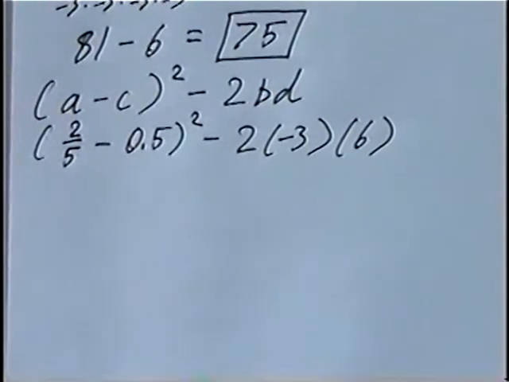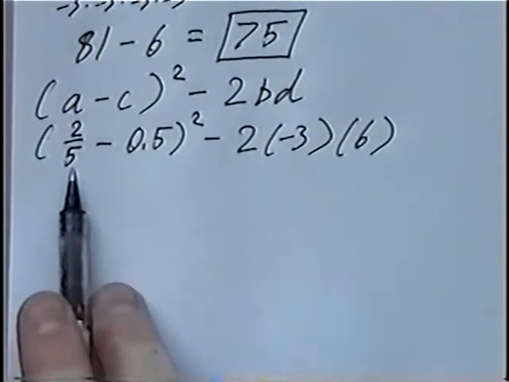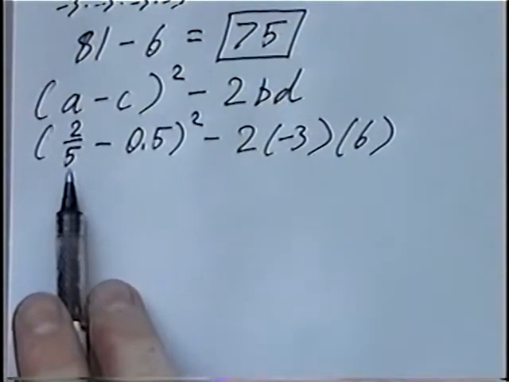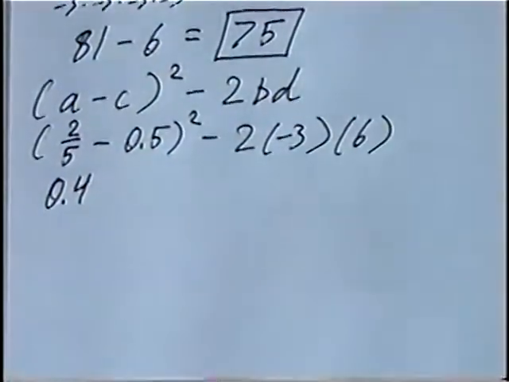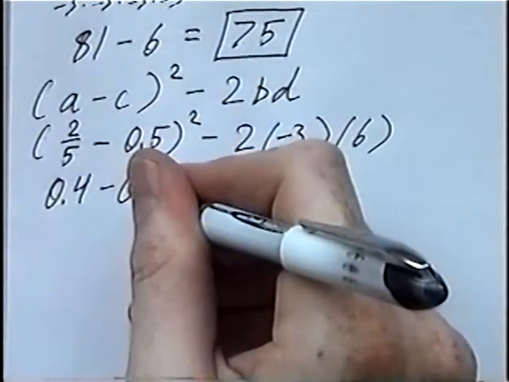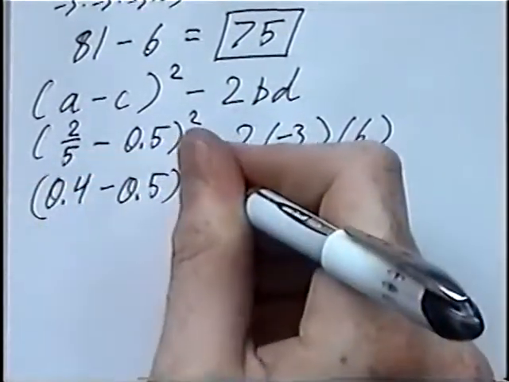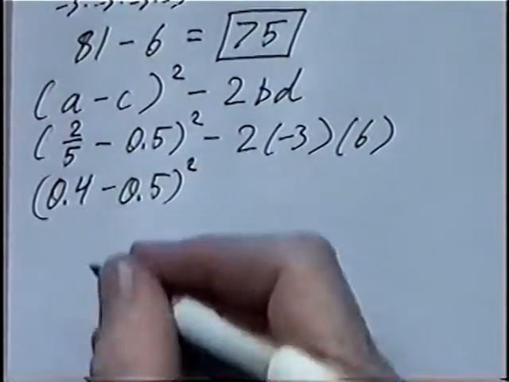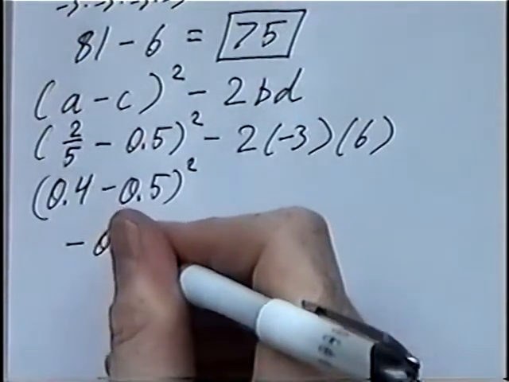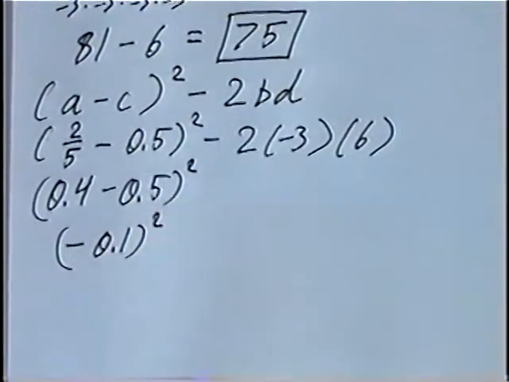2/5 minus 0.5. 2/5 you can change to a decimal by using a calculator or long division. That is equal to 0.4 minus 0.5 squared. Subtracting these decimals would be negative 0.1 squared.